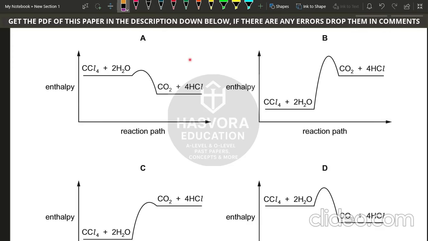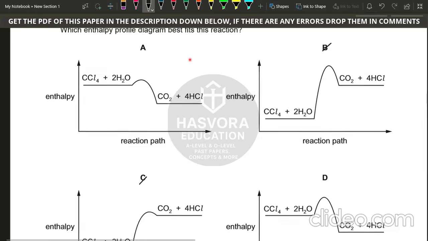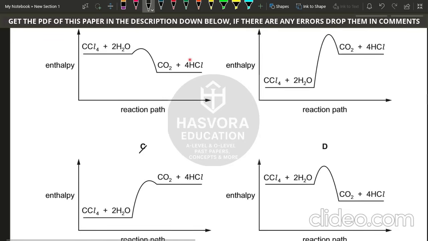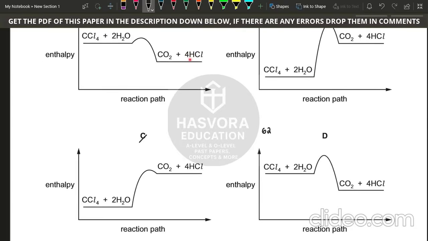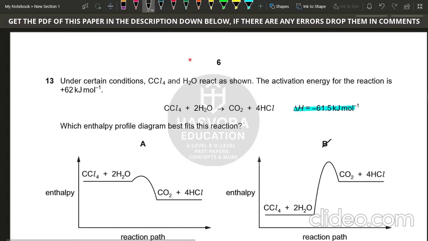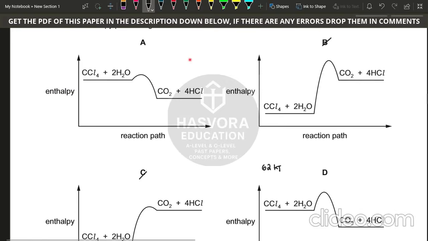Okay, so first of all, I will cancel out B and C because they are for the endothermic reaction, not the exothermic. And for A and D, how will I decide? You can see the activation energy is 62 kilojoule per mole. Okay, it is always positive. And for the delta H, it is minus 61.5. Now you can see that they are quite close values, so they need to have the same range.